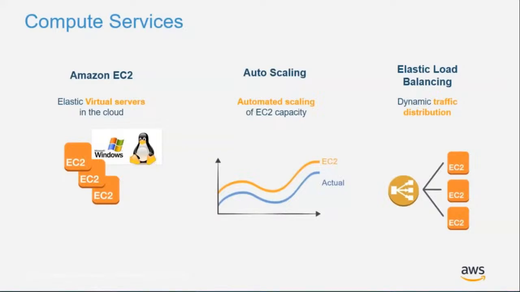AWS has three types of load balancers: the classic elastic load balancer, which is L4, the network load balancer, which is also L4, and the application load balancer, which is available at L7. Depending on the use case, you could choose any type of load balancer.